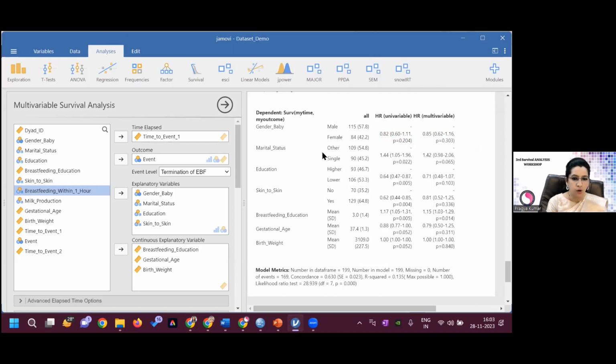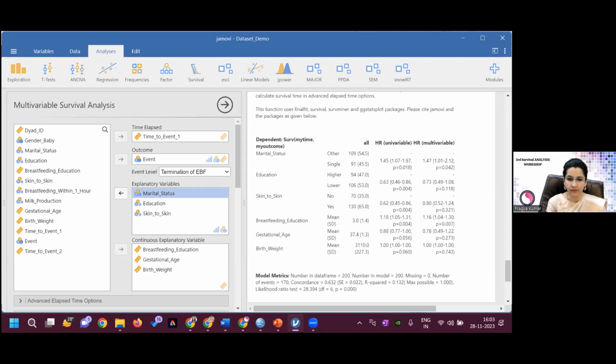If you don't want it in percentage, you can express that for females it was protective because it is less than 1. So female gender was protective, and females were 0.82 times as likely to experience the event as compared to the male babies.